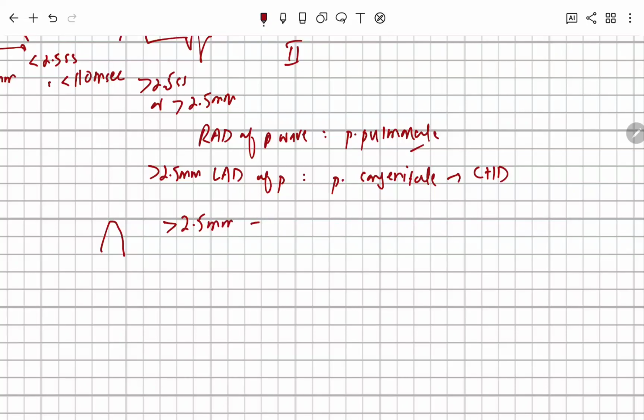If we find that the height is more than 2.5 millimeters, and we do the echo, and the echo is normal, so there is no atrial involvement or valvular pathology, then this is seen with an electrolyte abnormality called hypokalemia.